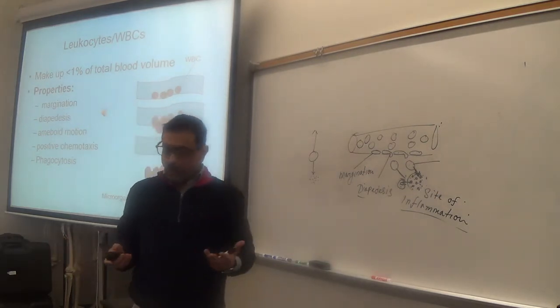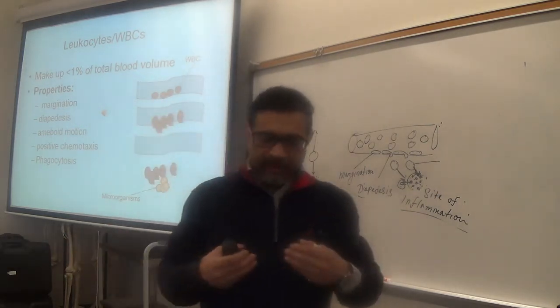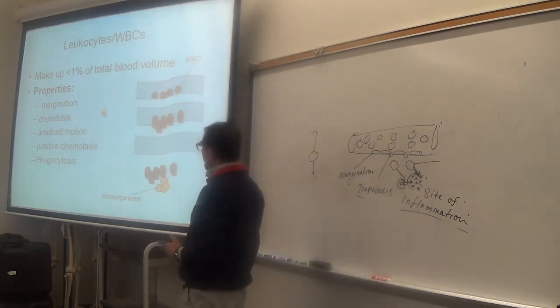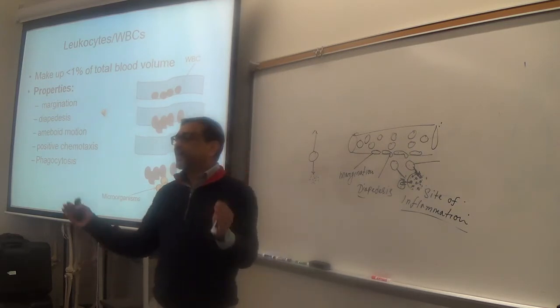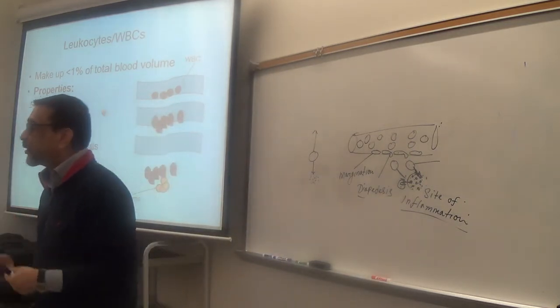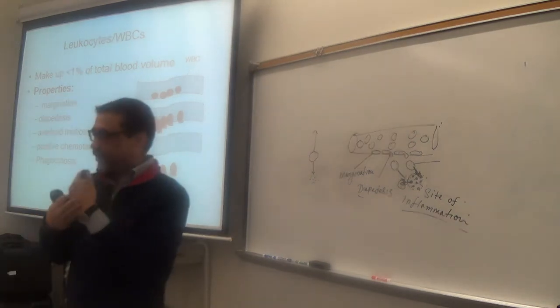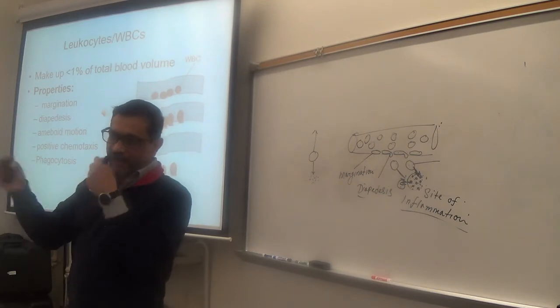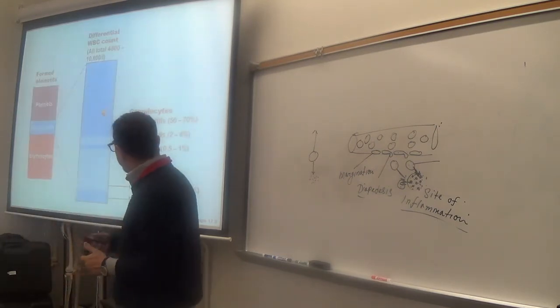The final goal is destroying the microorganisms or cleaning the area by engulfing the dead cells, because at the site of inflammation you know that cells die, right? So you need to clean those dead cells. So that is also done.